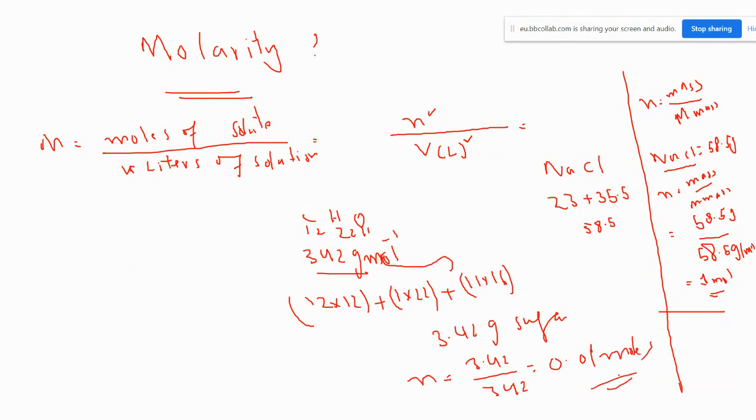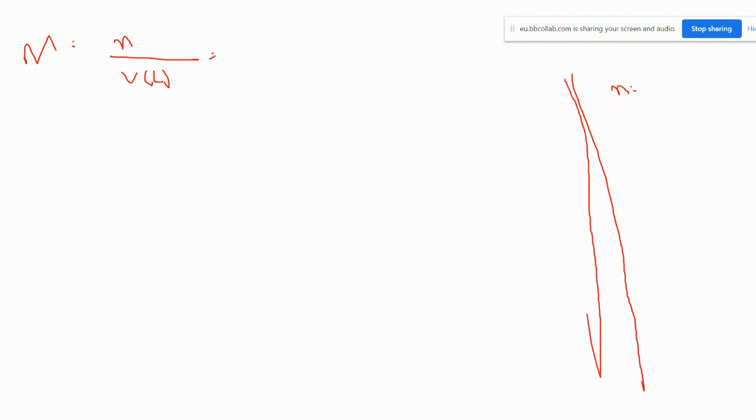Okay. So how will we use this formula? Let's go to the next slide and we will explain it. Again, molarity is equal to n divided by volume in liters. But what is n? We studied here, n is equal to mass divided by molar mass.